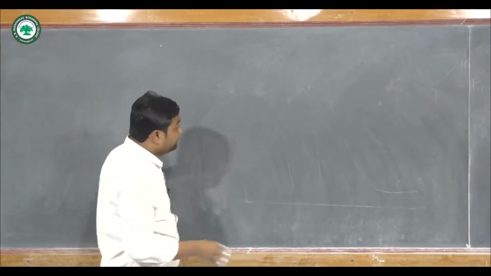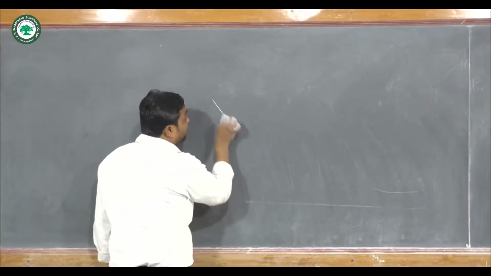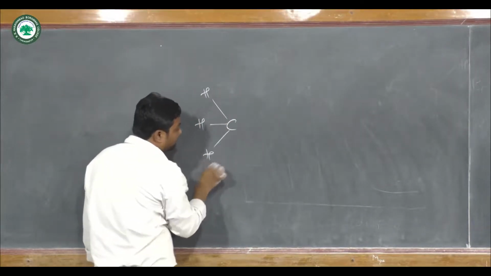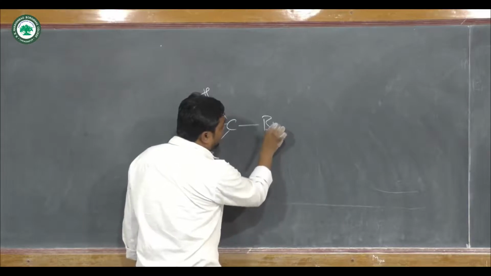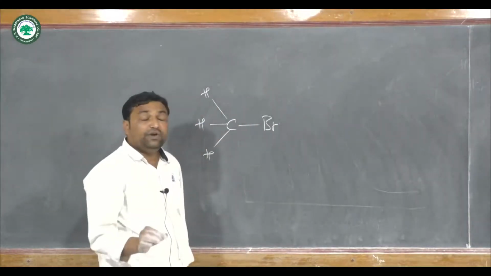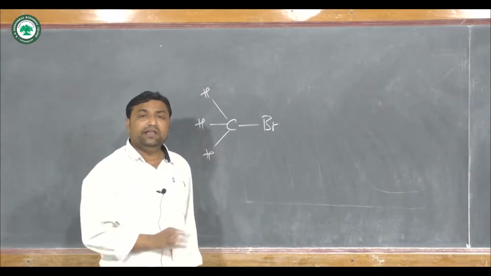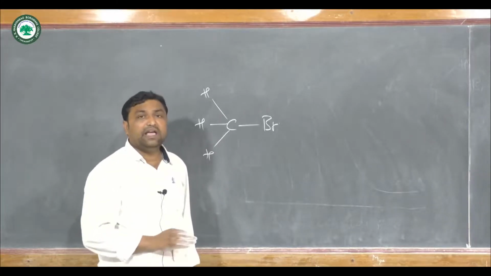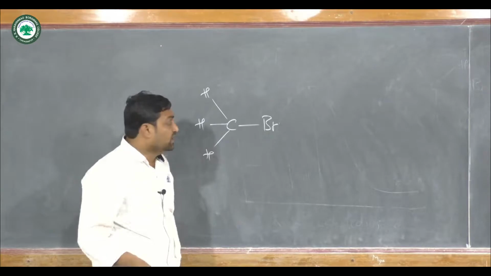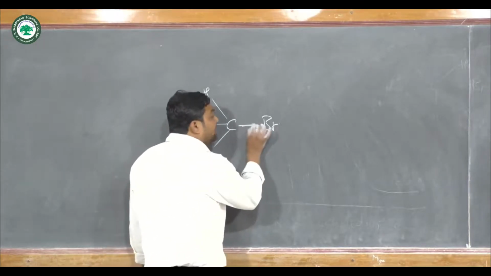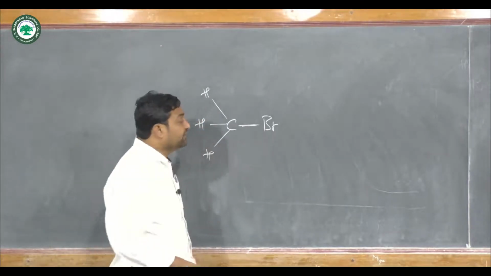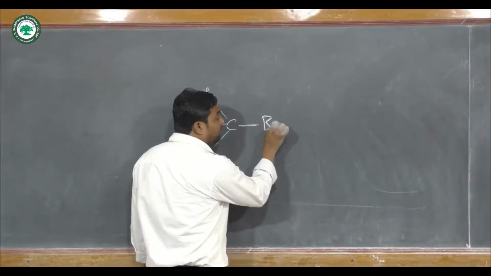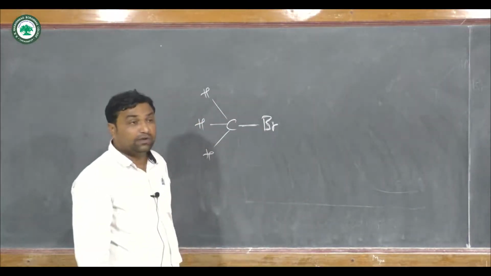We know that this is our reactant. If we take any reactant or any alkyl halide in any SN2 reaction, there exists a leaving group. Here in this case, this bromine is a leaving group.